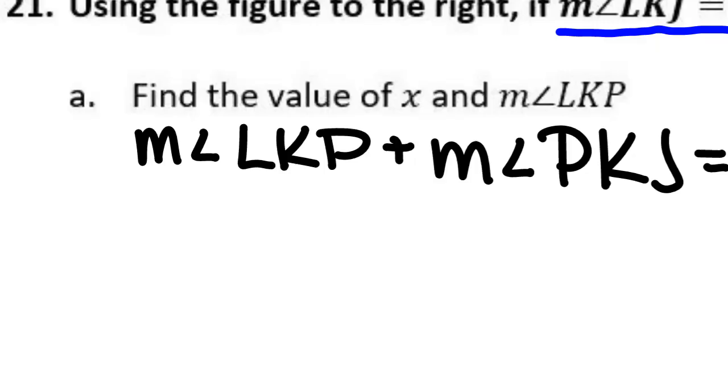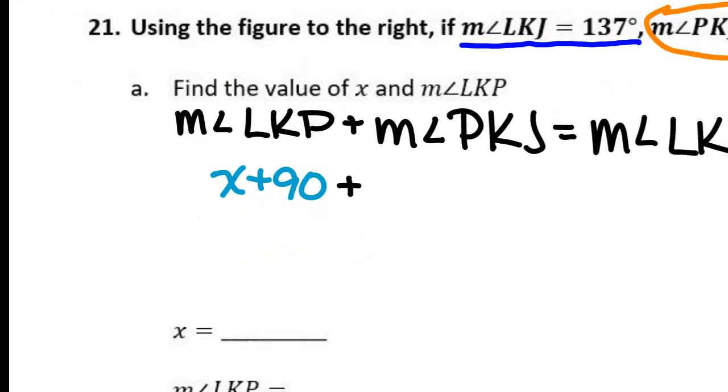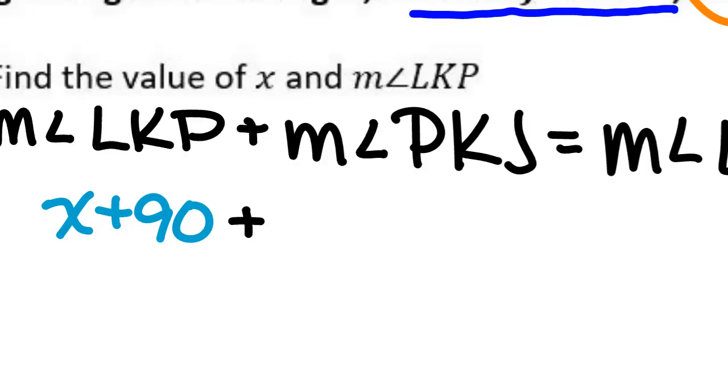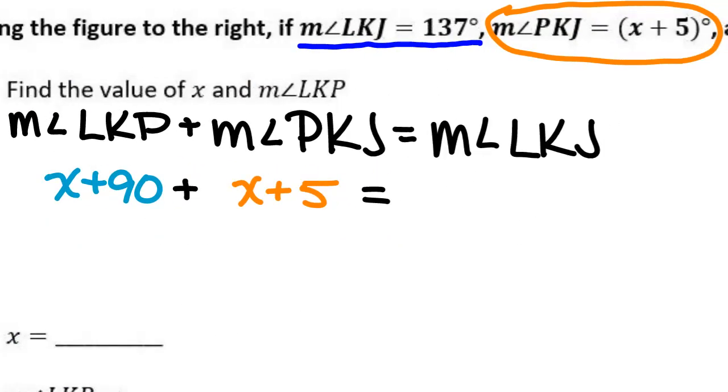LKP, what goes in the place of LKP? X plus 90. Drop my plus sign down. What goes in the place of PKJ? X plus 5. Drop my equal sign down. What goes in the place of LKJ? 137.